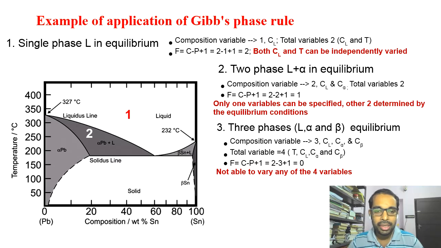And there is also the temperature variable. So the total number of variables now increases from 2 to 3.